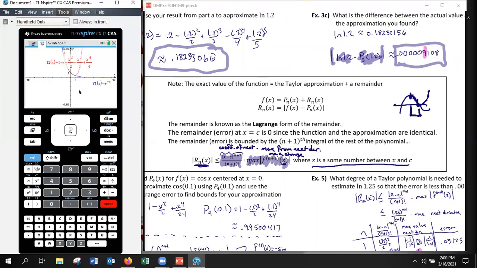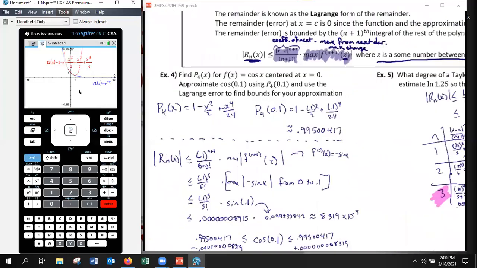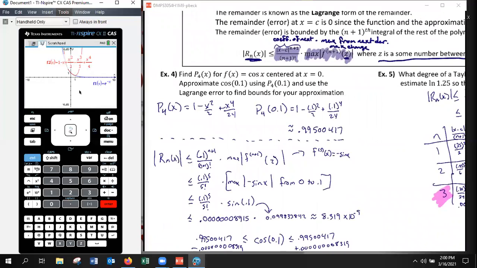So with that said, what we're going to do is I like to do this a little bit more formulaic right at the beginning. So approximate cosine of 0.1 with a fourth degree Taylor, I guess this is Maclaurin polynomial. I mean, really, Maclaurin polynomials are certain or specific cases of Taylor polynomials.